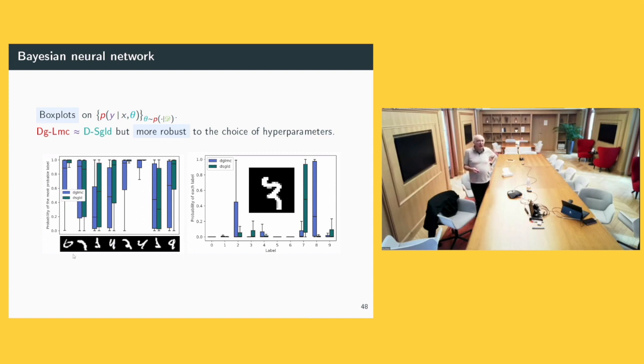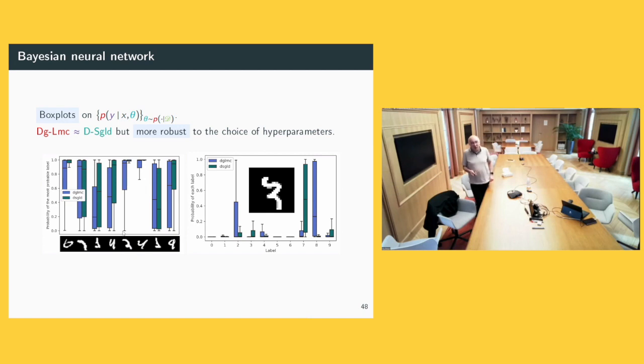And when you look at the errors you make, these are typically digits like that, where it is not clear what they are exactly. Perhaps it's out of distribution. Some digits should be a 2, but it's not completely clear.